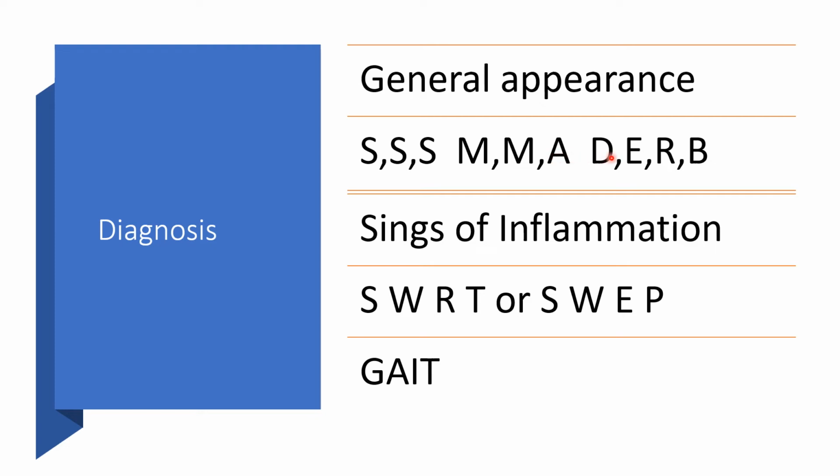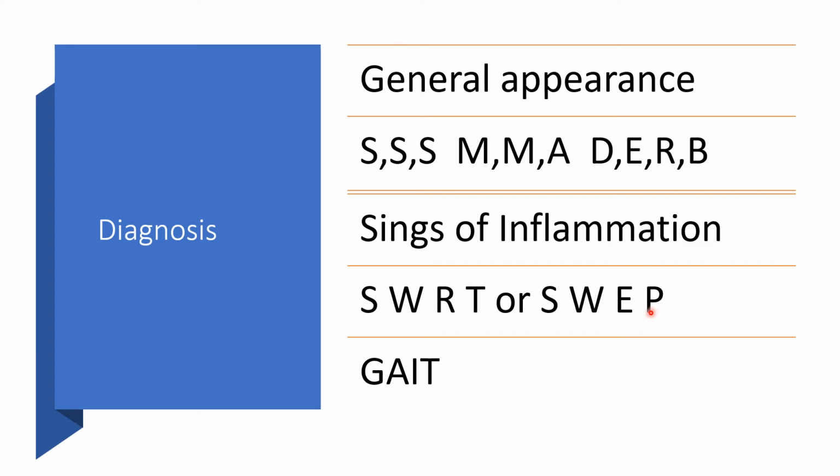We'll check for any erythema. And are there rashes? Of course, do we see bruises here? We want to know. That will be pointing to trauma, right? And then signs of inflammation. Do we have swelling, warmth, redness, and tenderness, or swelling, warmth, erythema, and pain?